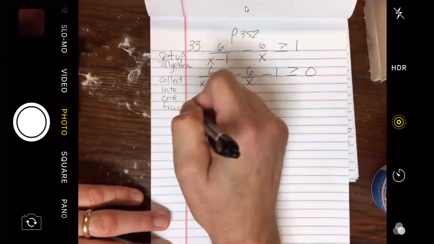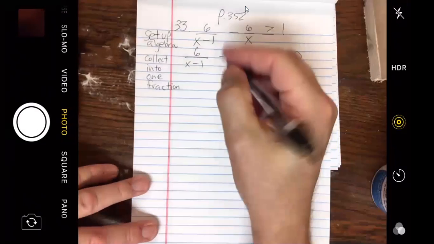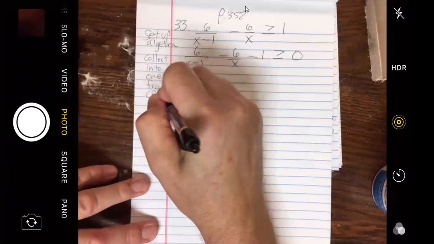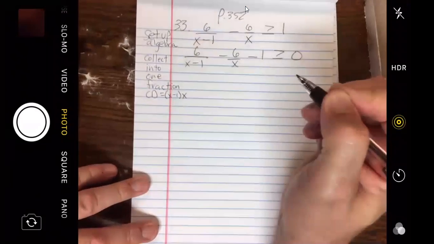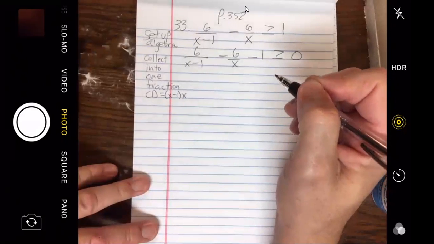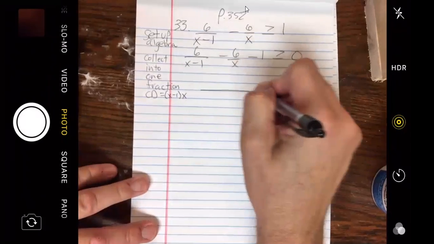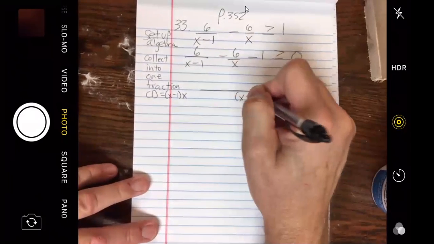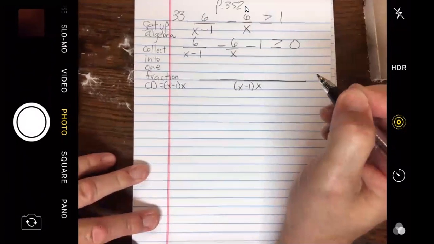Three of them, it's a little more involved. The denominator will be the x minus 1 with an x. I'm going to just collect it, x minus 1 with an x.